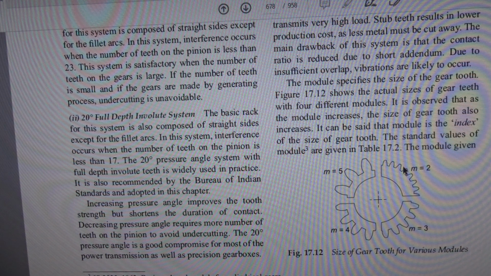In this case module m is equal to 2. So after seeing the number of teeth, you can tell which gear has higher module and which gear has lower module. So you should have an idea about the module after seeing the number of teeth.